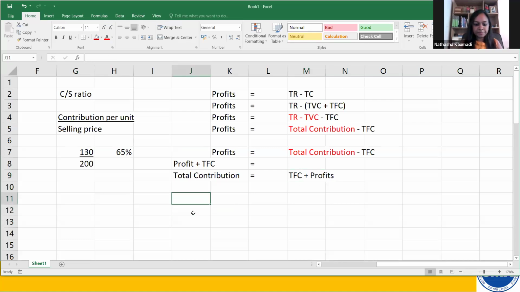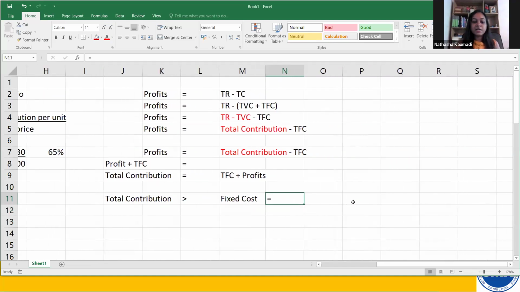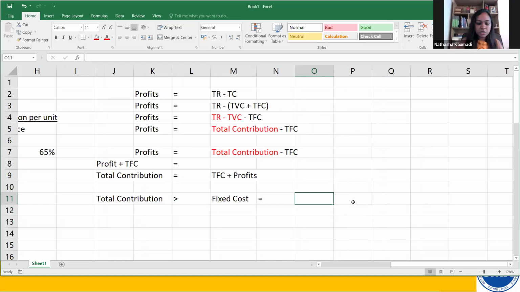If the fixed cost is lower than total contribution, that means total contribution is greater than total fixed cost. What is the answer? It's profits. If the total contribution is greater than fixed cost, that means you have profits.